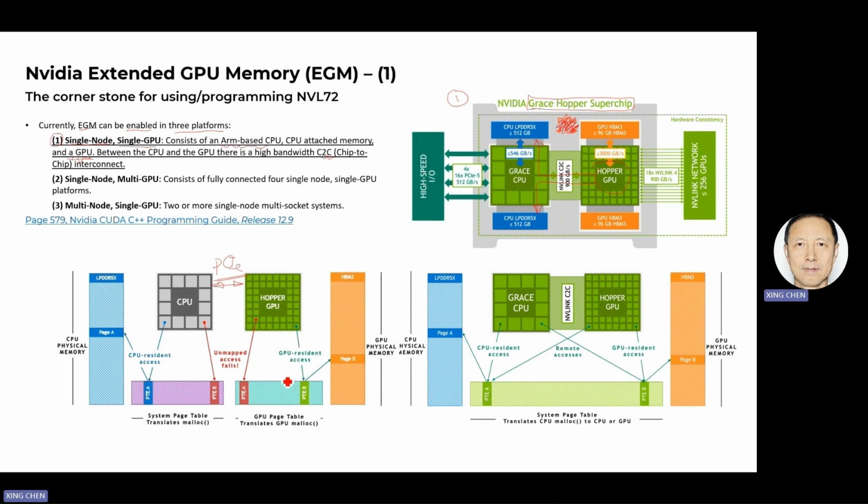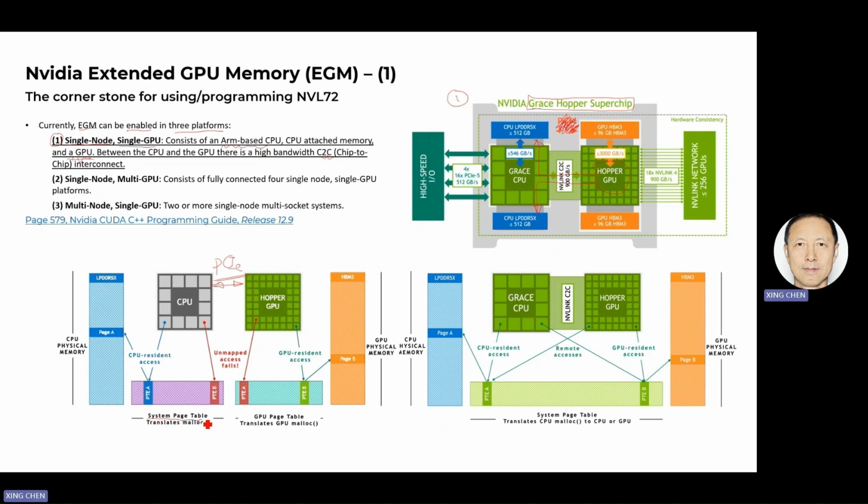The reason is very simple, because to access a memory, the first step is to do the virtual address to physical address translation. And the GPU cannot access the system page table.